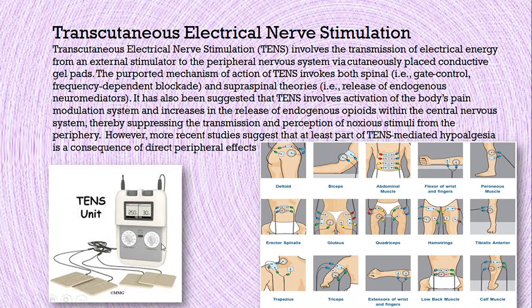So basically this is our electricity conductor, and these are our gel pads, and they have to be placed on certain locations depending on the type of pain we have to get rid of. And important to note, TENS is a traditional type of electroanalgesia, is the most often used type, and later on we will compare the other types of electroanalgesia to this one basically.